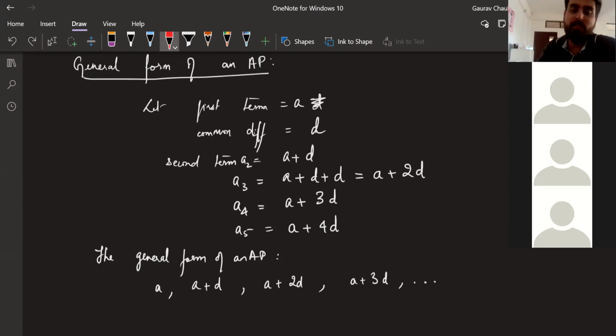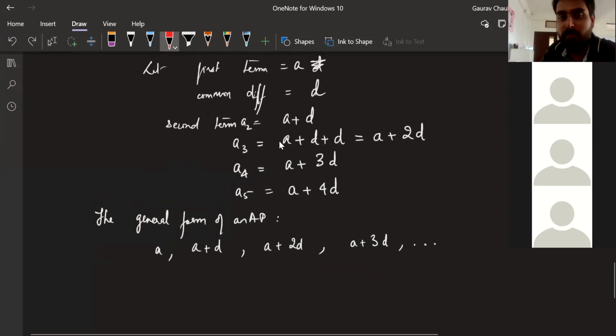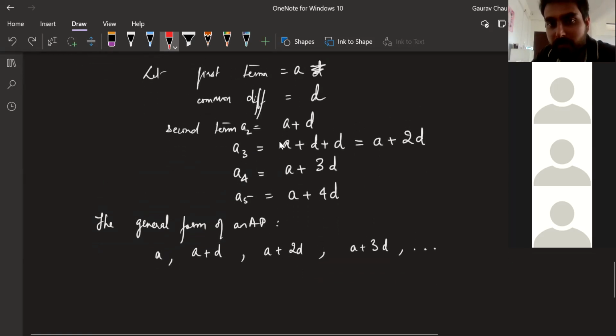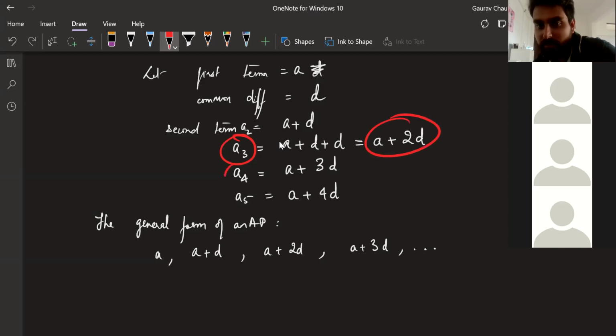Now, as you're taking this down, I want you to think and tell me. We have written how to find the second term, third term, fourth term, fifth term. By seeing these, is there some pattern emerging?